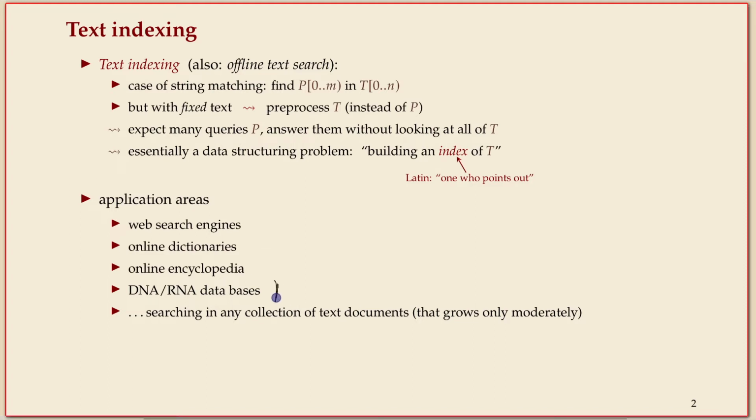Another important area that during the pandemic has risen to much more fame is all the bioinformatics applications of this. You can identify certain areas in genomes, genes, areas that get translated to proteins, and many other parts.